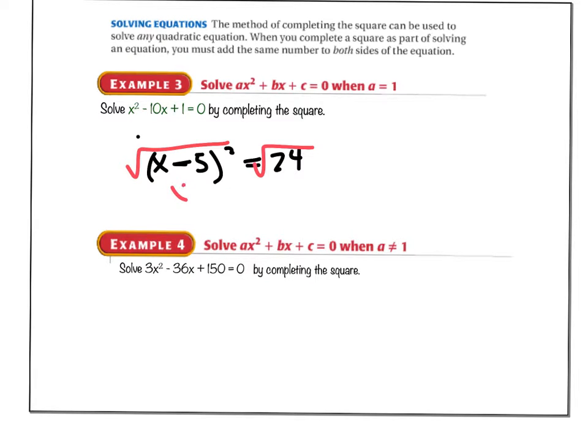So when I square root the left side, I get x plus 5, and when I square root the right side, I get plus or minus the square root of 24. So I need to reduce that. It's not in simplest form, but I think I'll add 5 to both sides first because I'm solving for x. I get x equals 5 plus or minus the square root of 24, and hopefully you see there is an 8 in here.